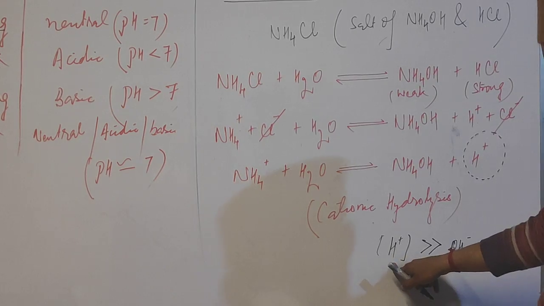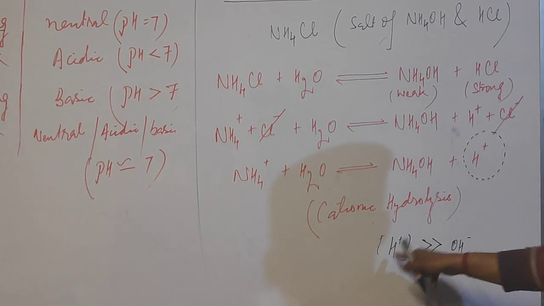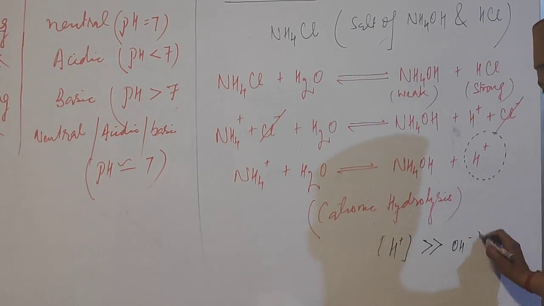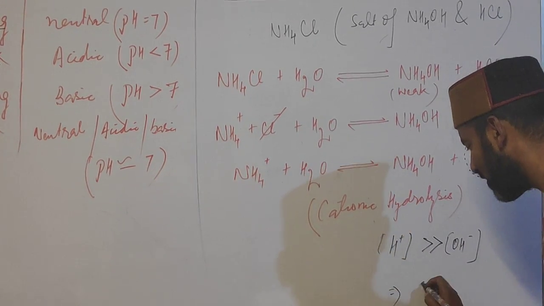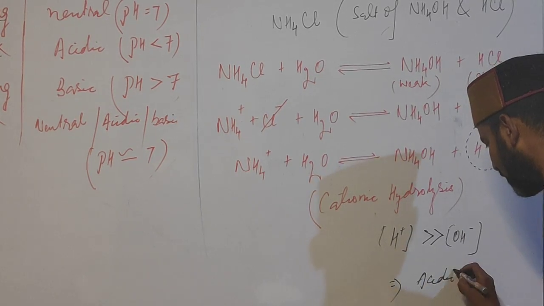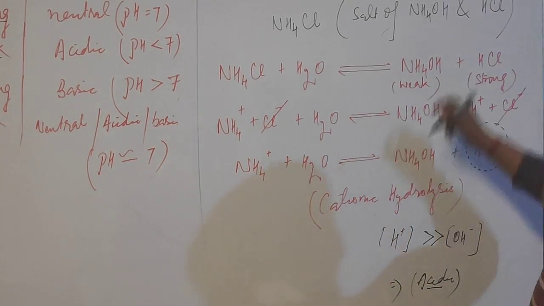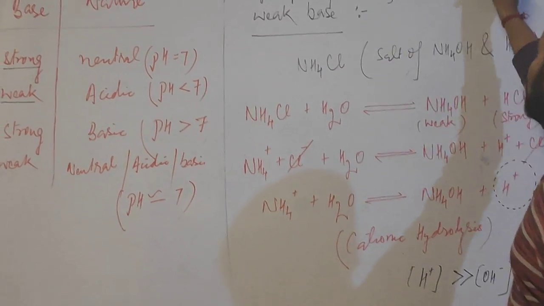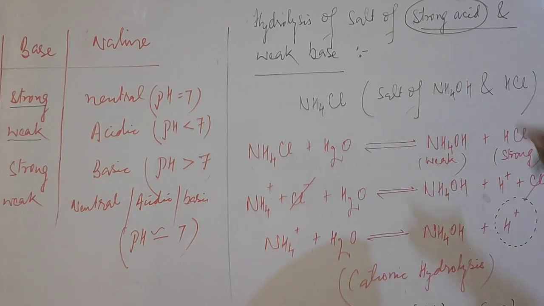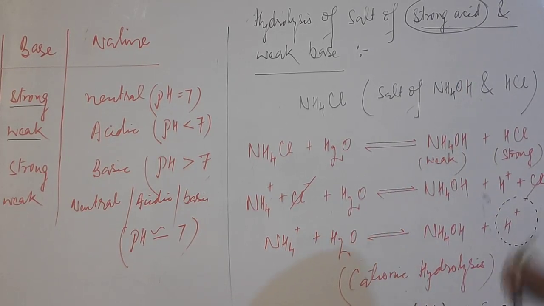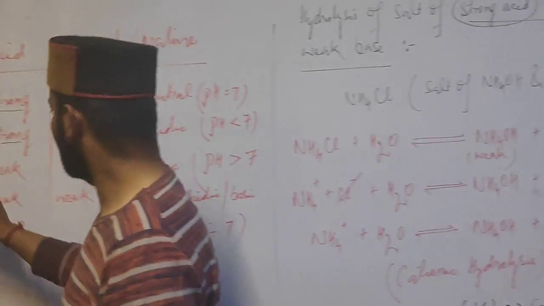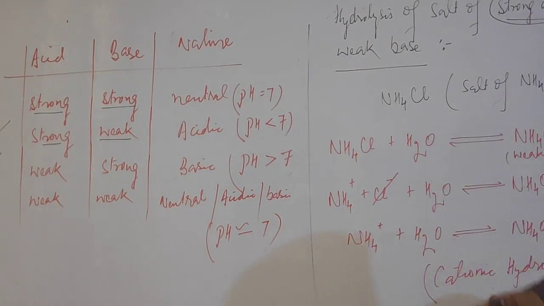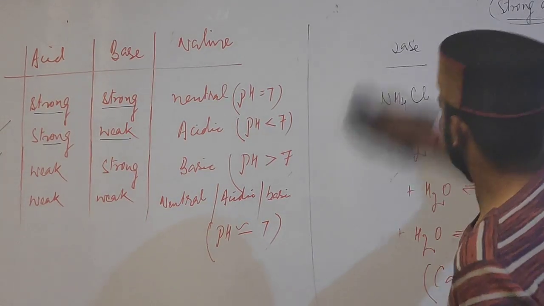We have a large concentration of H positive ions, and when the concentration of H positive ions exceeds OH negative ions, we say the solution will be acidic. In fact, logically it is very easy. If the salt is of a strong acid and a weak base, then the resulting solution is decided by the strong acid. That means it will be acidic. So now students, we have a third case, that is a salt of weak acid and strong base.